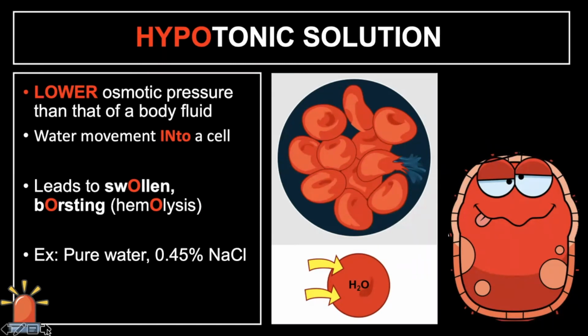Kanina sa isotonic solution, meron daw siyang equal osmotic pressure, and then the water movement is equal. So kung 100 yung maglabas, 100 din yung magpasok. But in hypotonic solution, there is water movement into the cell.